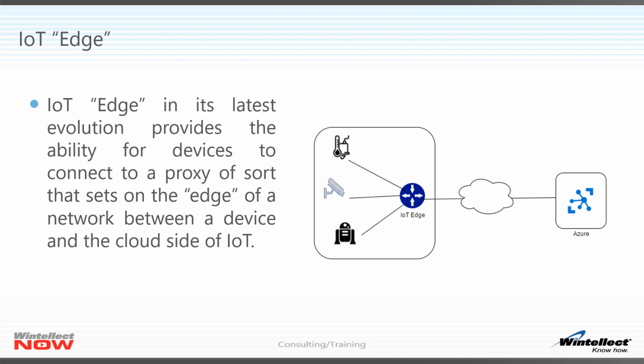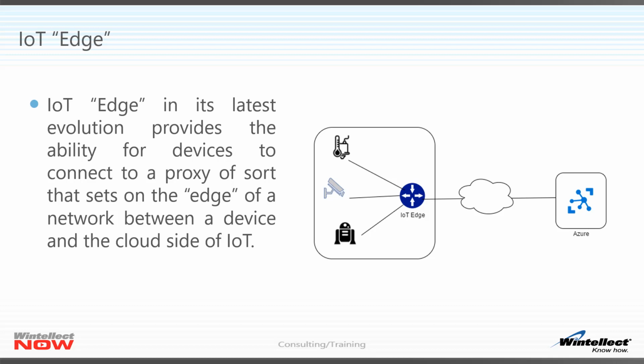They'll call it different things, but basically the point of it is to act as a proxy between all the devices on the premises that it's monitoring and the actual cloud itself. So if I'm using Azure, for instance, the IoT Edge there would act as a proxy for all these other devices I have on premises.